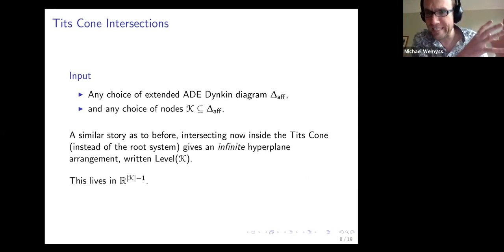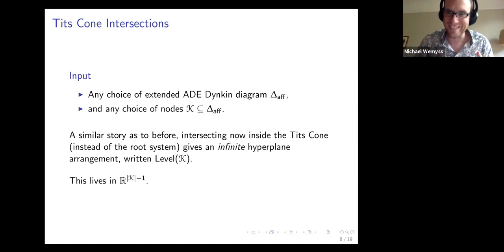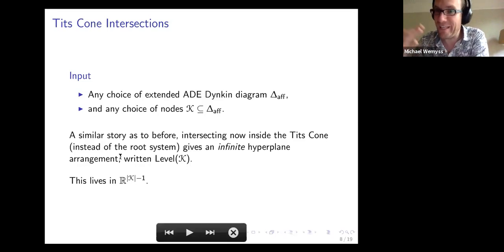To every extended ADE diagram, there's a vector space. That vector space has some extra information, somehow reflecting hyperplanes. We have a subspace, we intersect, and we get something infinite. Which is exactly the same story, but now in this infinite thing. And the key take-home message from this slide is that this lives in the real vector space of dimension k-1.